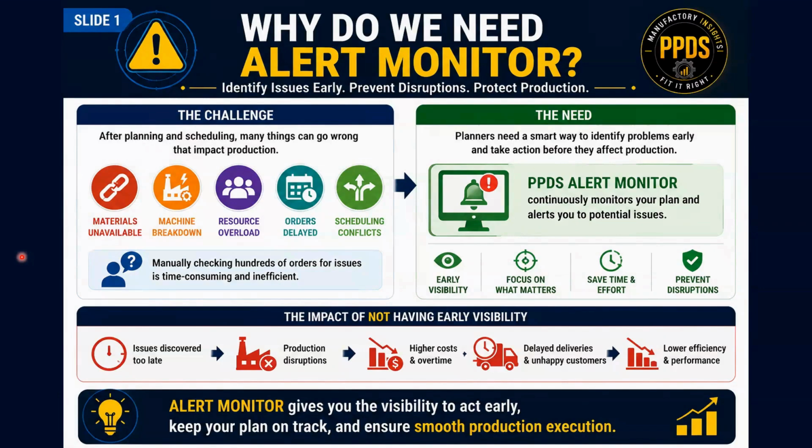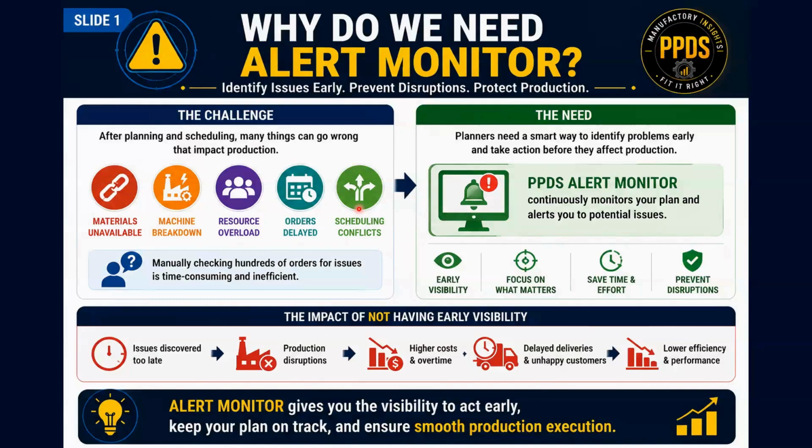Let's talk about why we need Alert Monitor. Imagine you are responsible for planning 500 production orders every day. Everything looks perfect after planning, but overnight, materials may not be available, a machine may break down so a resource might be overloaded, orders got delayed, or the scheduling may conflict.